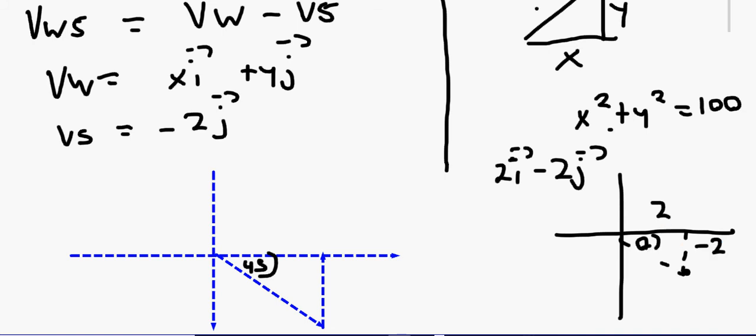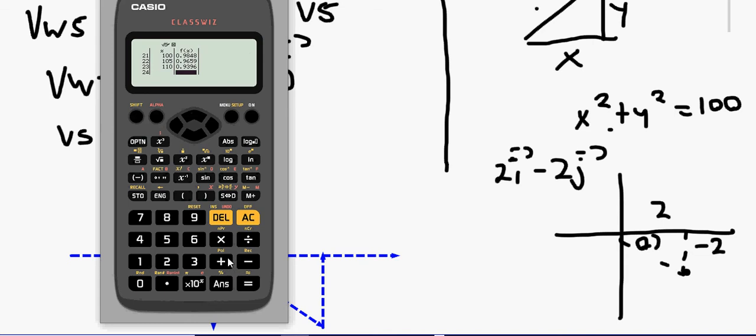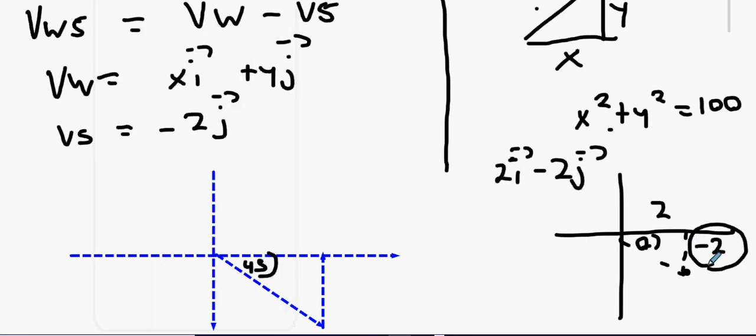Have you ever tried the tan inverse of minus 2 over 2? Shift tan inverse minus 2 divided by 2. It's giving me minus 45 degrees. What's up with that? It means you have to change the j component into a positive number. The j component is the problem component.